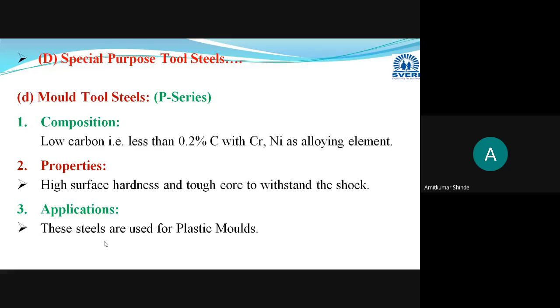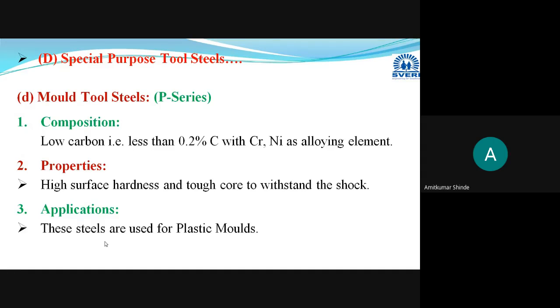Then we discussed the different types of hot work tool steel: chromium type, tungsten type, and molybdenum type. Then we discussed high speed tool steel, of which two types are there, tungsten high speed tool steel and molybdenum high speed tool steel, depending on the principal alloying element.